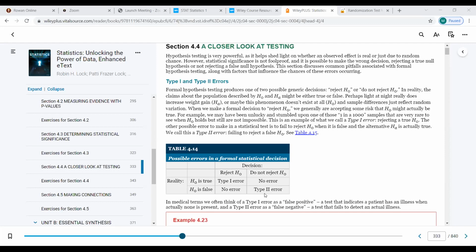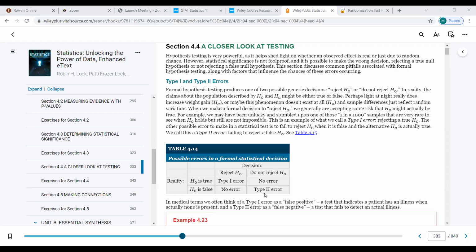That is called a type 2 error. By the way, the Greek letter used for a type 2 error is beta. It looks like a B. You're probably familiar with beta. So alpha, the level of significance, is the type 1 error.